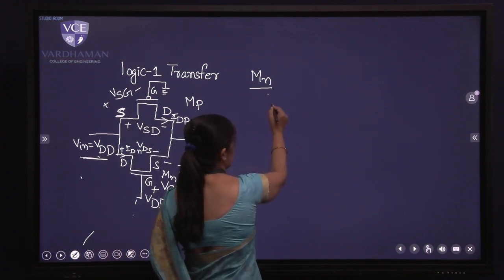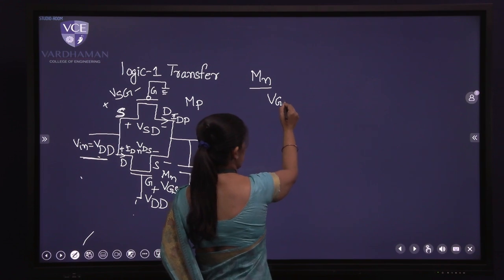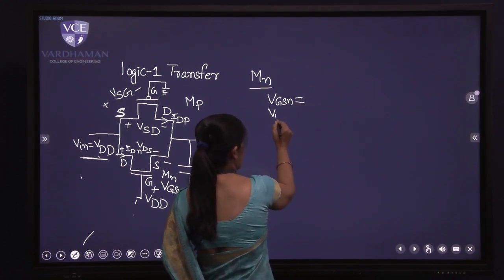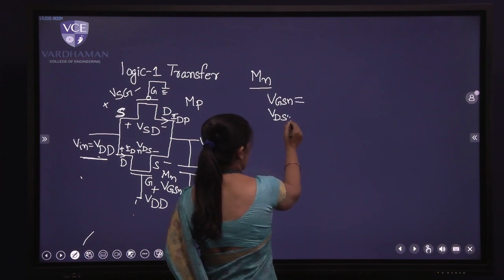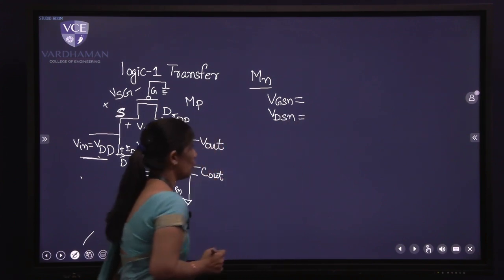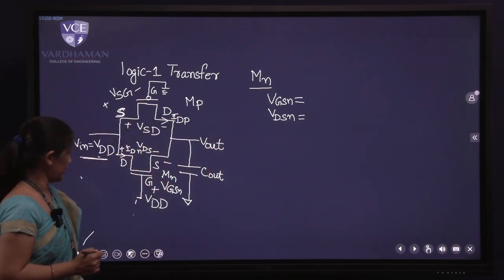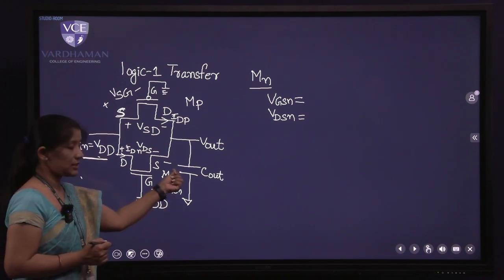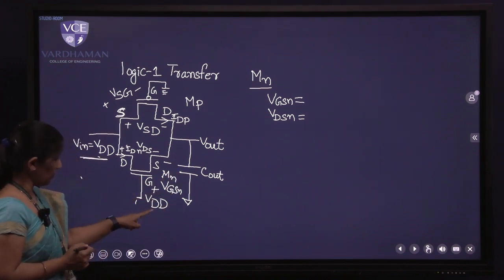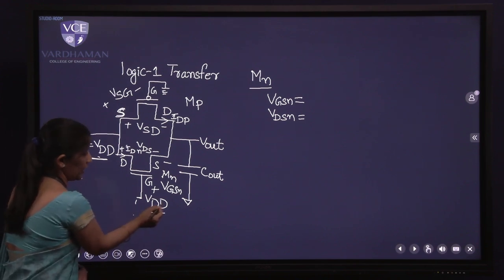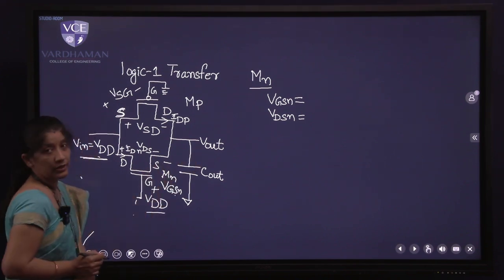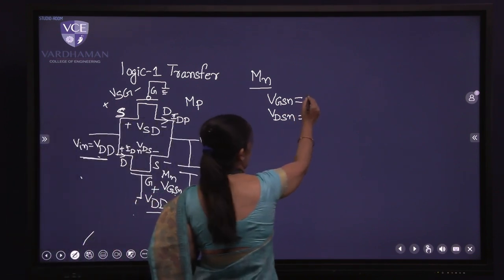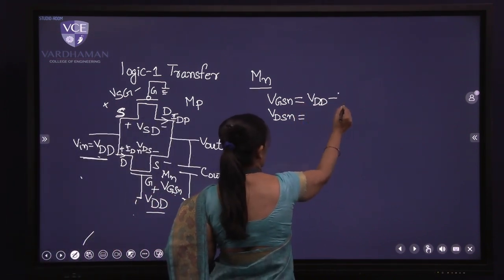So let me write here VGSN, because it is for NMOS, and VDSN. Now, what will be the value of VGSN for the NMOS? VGSN means it is VG minus VS. VG of NMOS is connected to VDD, and S of NMOS is connected to Vout. That is how VGSN will be VDD minus Vout.